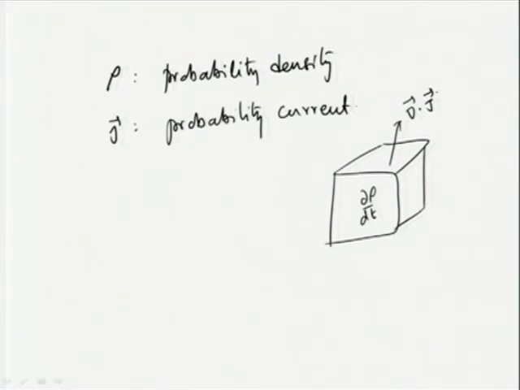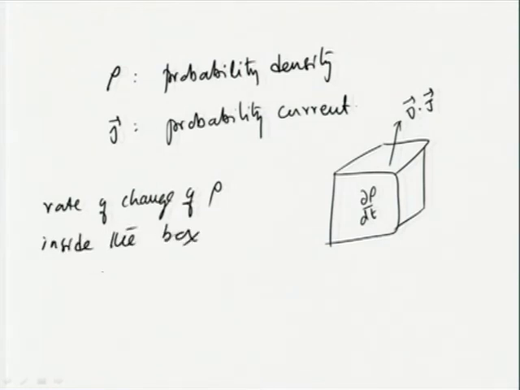So, minus of this is actually the flux going out of this volume. In words, the continuity equation tells you the rate of change of probability density rho inside the box is equal to the flux. Flux is j dot the area.